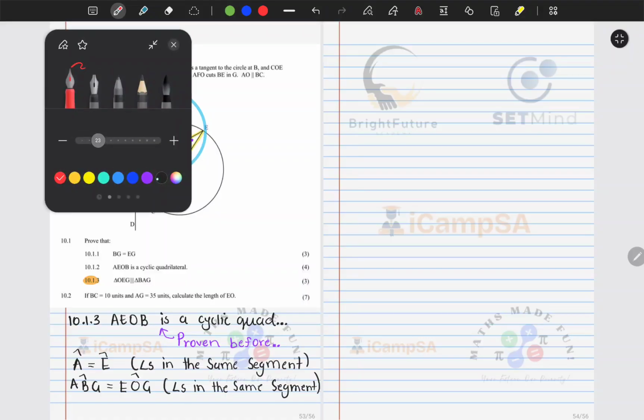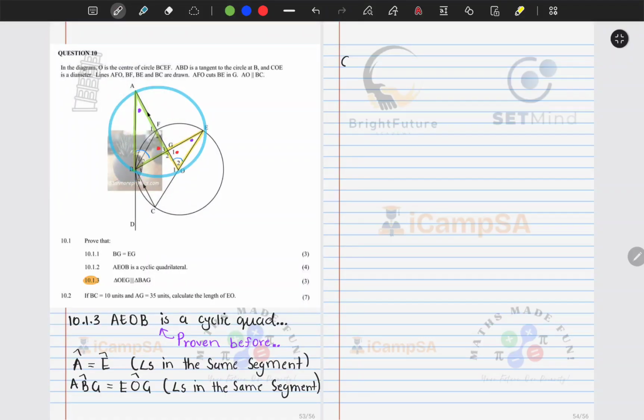This is grade 9 reasoning. So you will see that angle G3 will be equal to angle G1, and these are vertically opposite angles. So we have shown now that we have three equal angles.